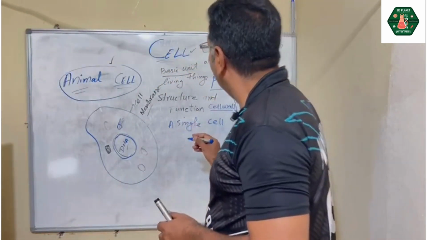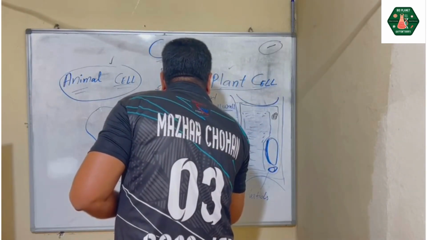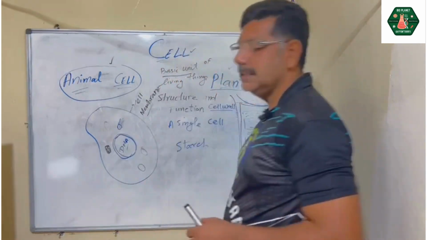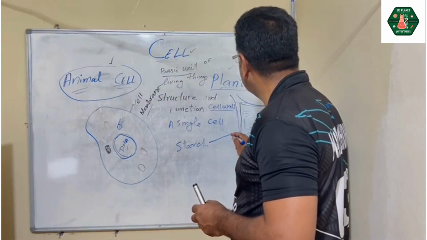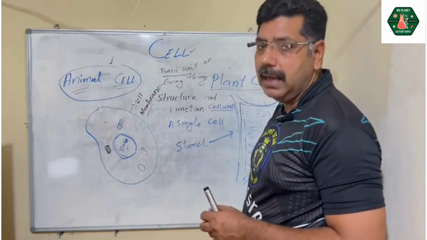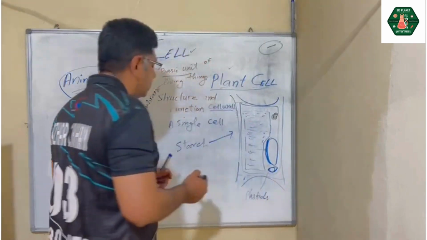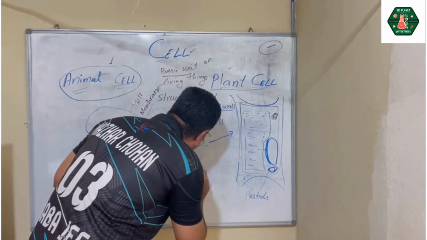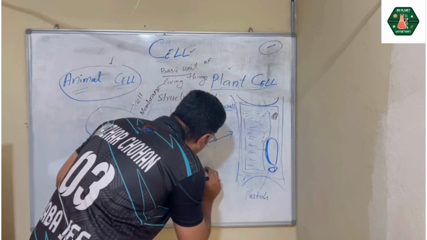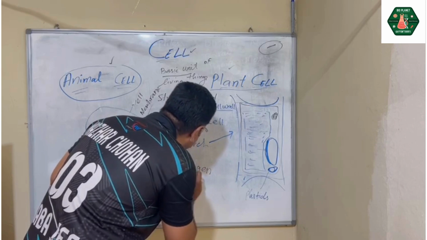Now we will talk about the starch, stored food material. This starch is present in plant cells, but the same type of starch is named glycogen in animals. Glycogen is animal starch.